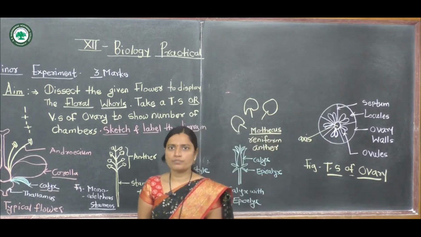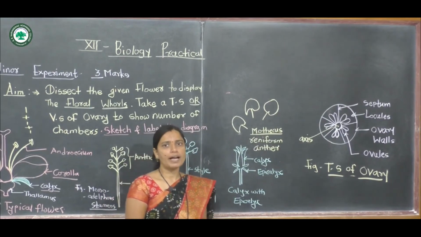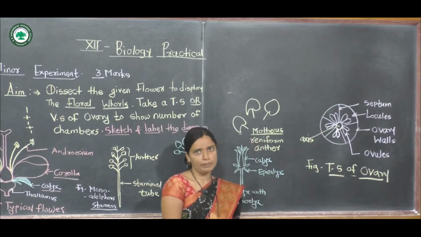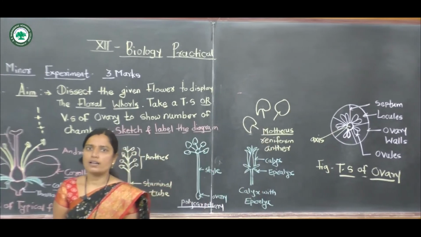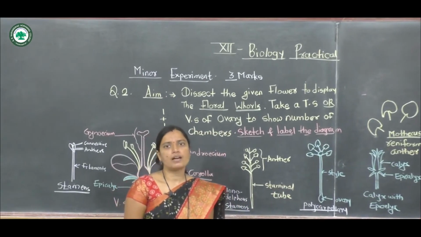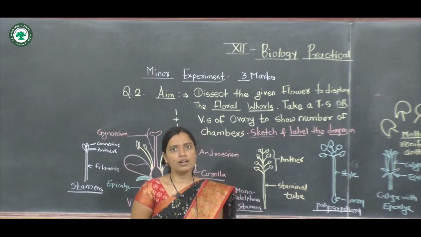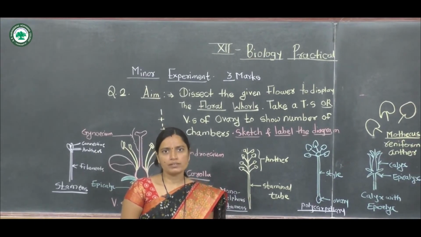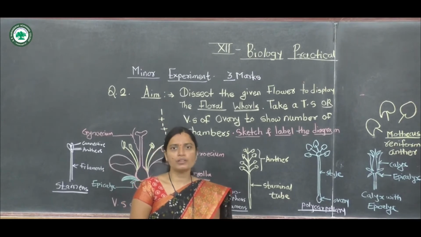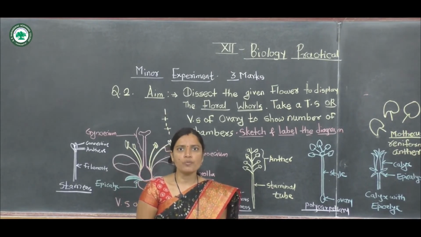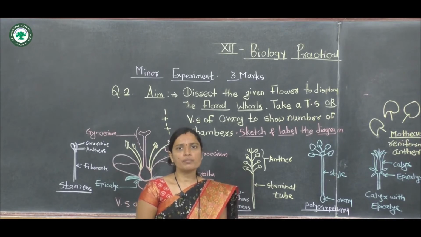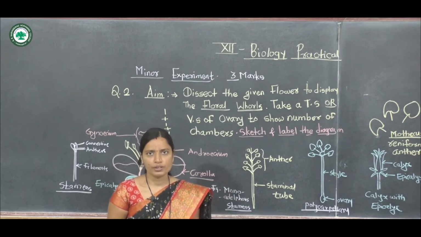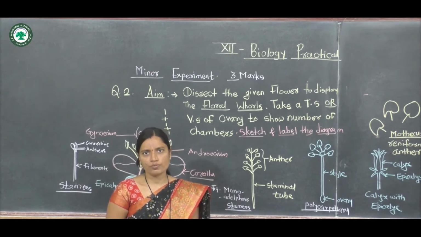Next 1 mark is for the diagram, the sketch, and labelling the transverse section of the ovary on paper. So these are 3 marks in the practical: 1 mark for dissecting the floral whorls of the hibiscus flower, 1 mark for taking a section and showing it under the dissecting microscope, and 1 mark for sketching and labelling the transverse section of the ovary. This is the 3-mark distribution of this practical.